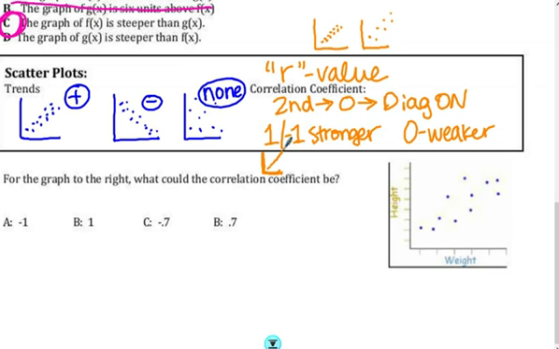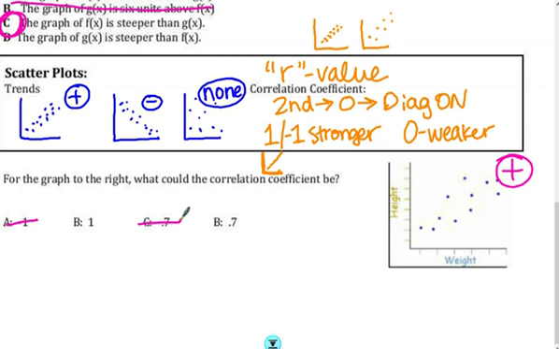That would be linear. So looking at this first example for the graph to the right, what would be the correlation coefficient? Well, first, what kind of correlation do we see here? Positive, negative, or none? And hopefully you're saying it's positive. Yes, this is positive correlation. So since it's positive, I can actually eliminate my negative answer choices. So now I'm left between 1 and 0.7.